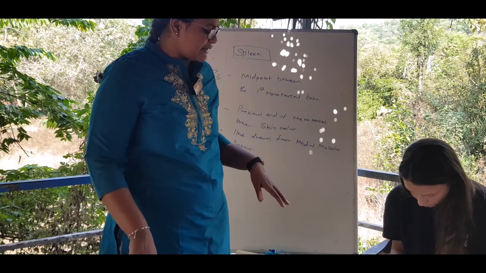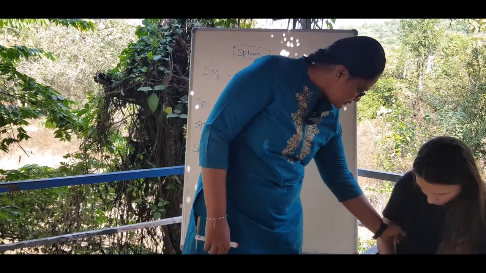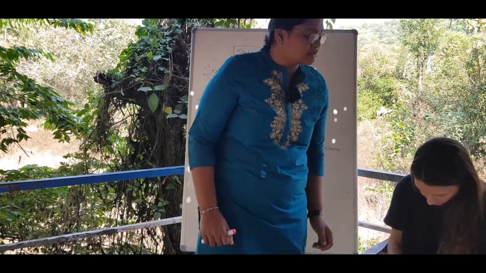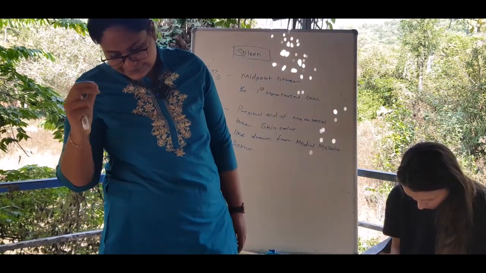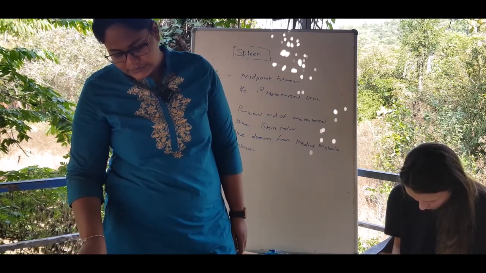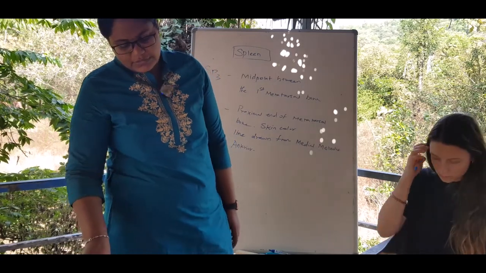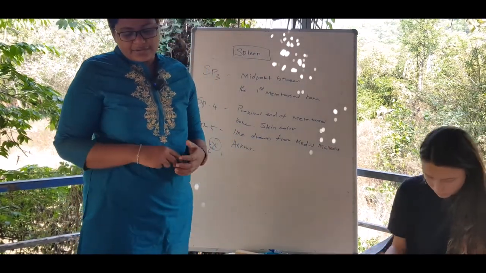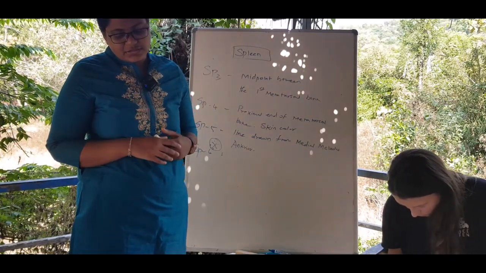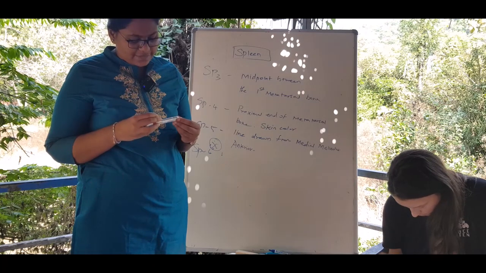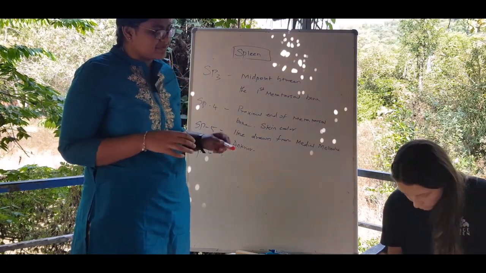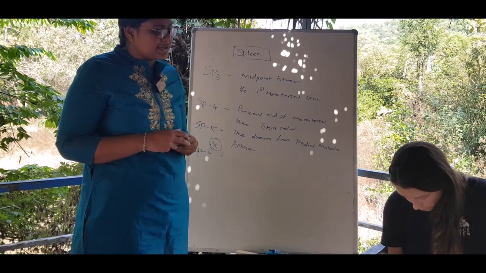It will run like this, and it is located in the 6th intercostal space. This point can be given for pain related to the chest, body ache, or if you are having a cough or congestion in the lungs. That can also be treated with spleen 21.